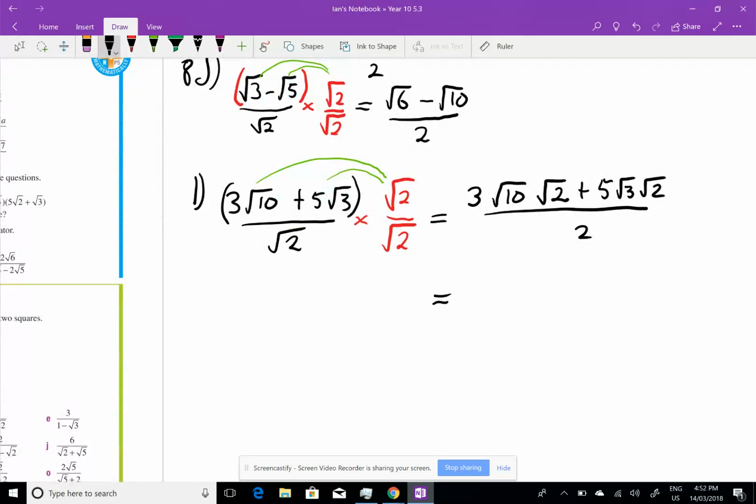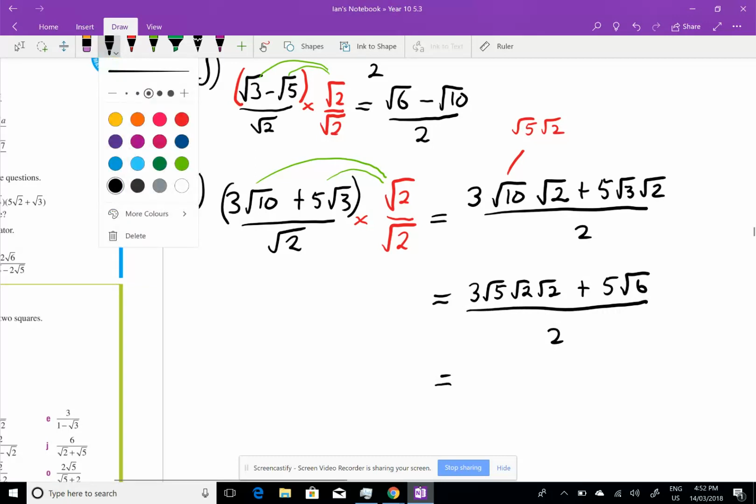I'm lucky here though, because I know that root 10 is root 5 root 2. So here I get 3 root 5 root 2 root 2, and here I'll just multiply this out. 5 root 6, there's nothing I can do with that. And I've got a 2.